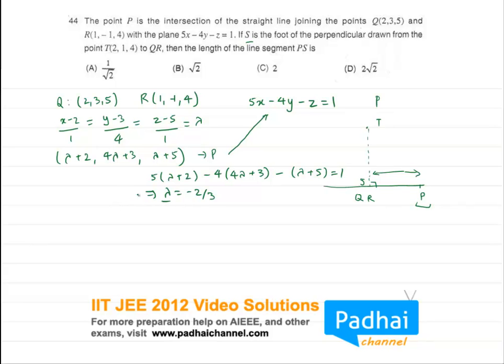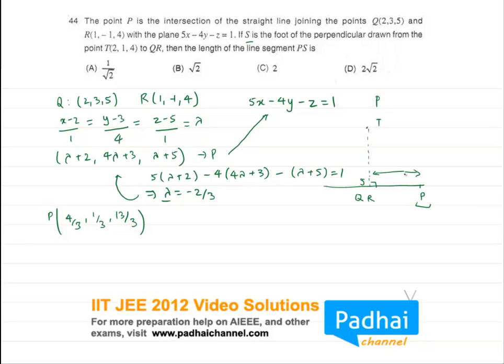By using this, I can calculate point P. Point P will be (4/3, 1/3, 13/3). So half of the question is already done. We have calculated the point P. Now we just need to calculate the point S.